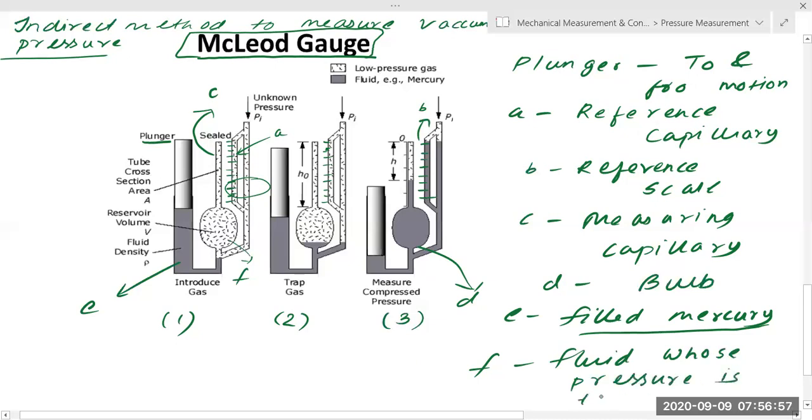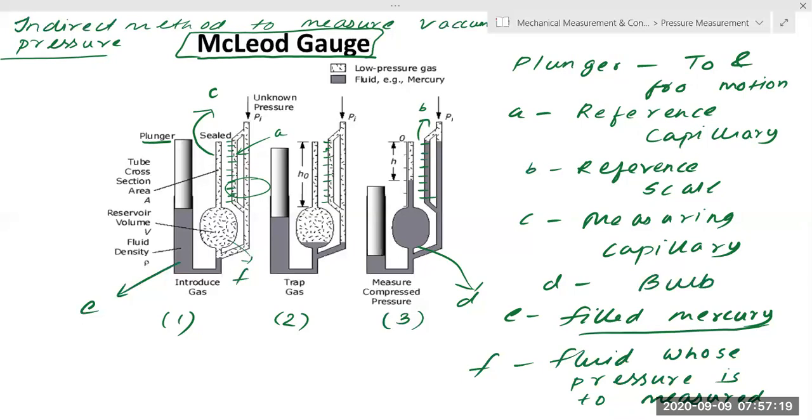So, to revise the various components: one is the plunger, which moves to and fro. The second is the reference capillary, which has two sections: one is a reference scale, and the second is more like a manometer, with capillary action.